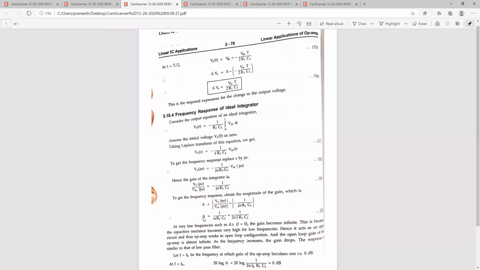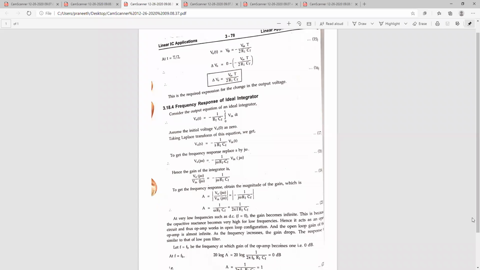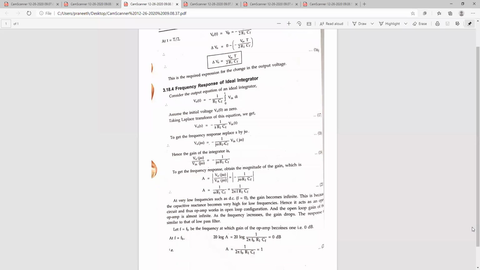Okay, so let us write. The next step is to apply 20 log, to calculate the gain in dB. I'll write the expression as 20 log A equals 20 log 1 by 2 pi FB.